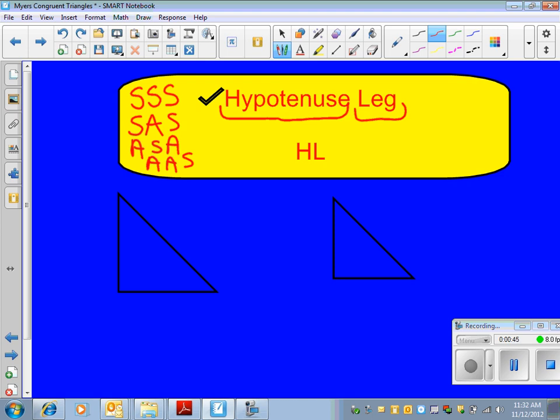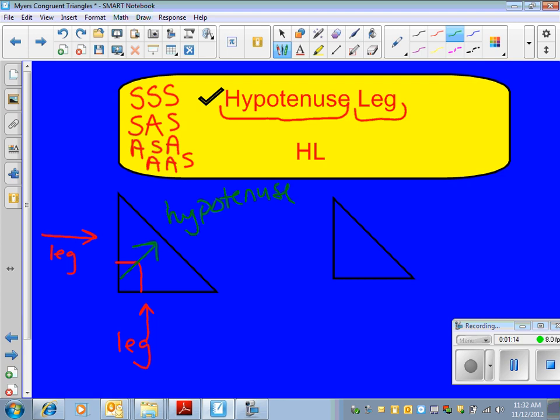Now, for those of you who don't remember, when we first talked about right triangles, a right angle is 90 degrees. So if you have a right angle, the parts of the triangle are called legs, but across from the 90, always recognize that across from the 90, this is called the hypotenuse.